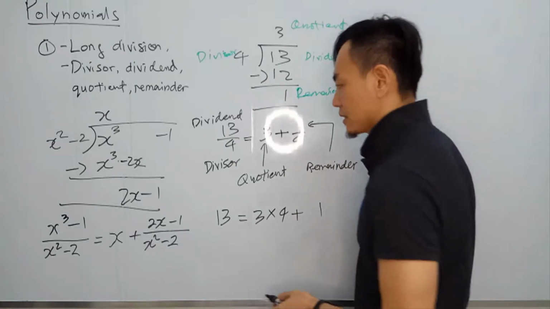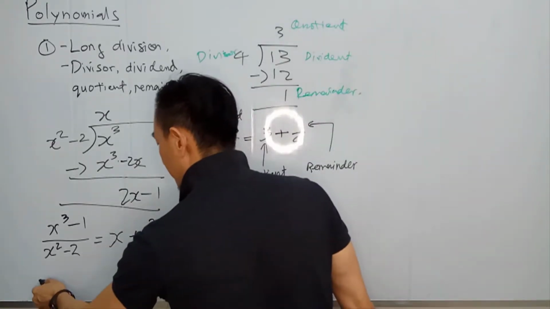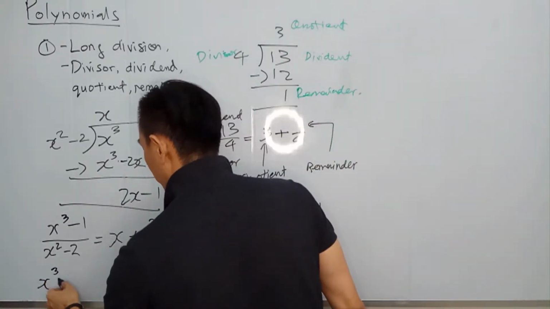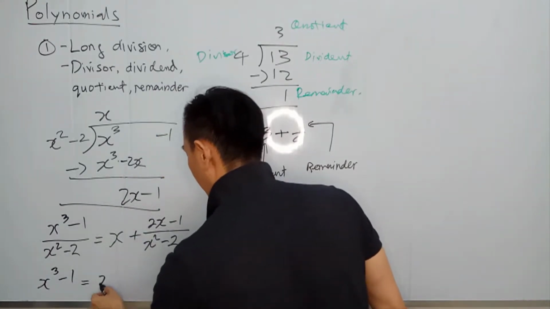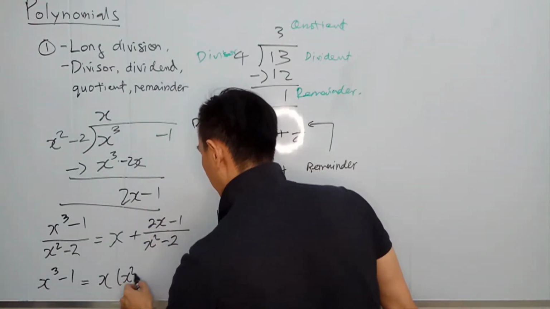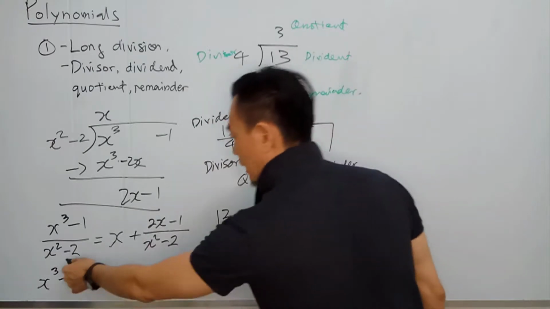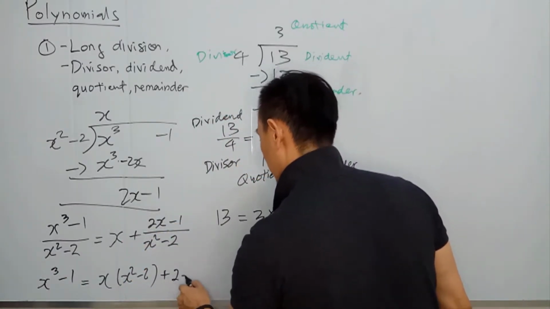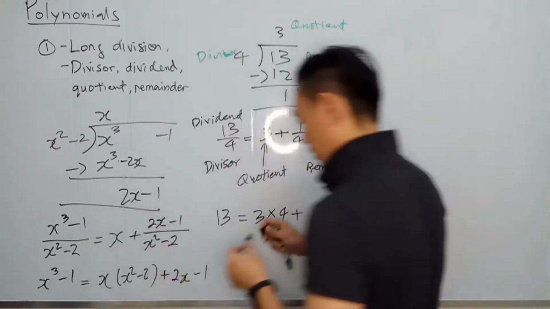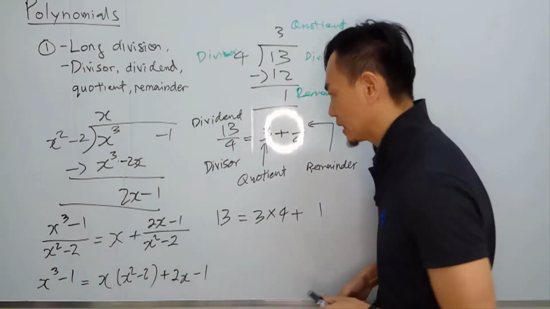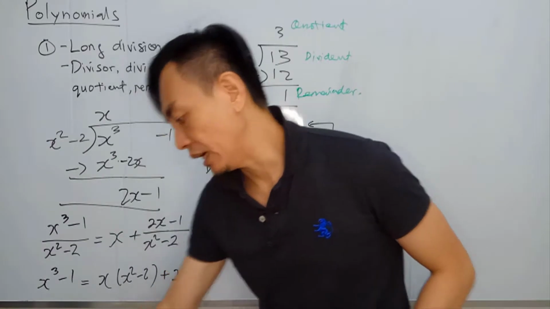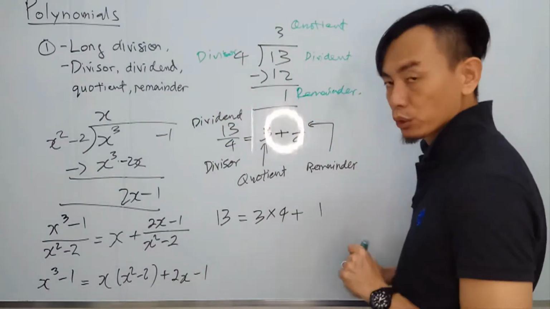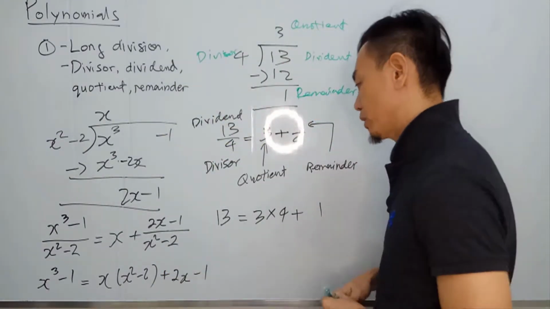And the other way is we can cross multiply this, and we have x cubed minus 1 is equal to x times x squared minus 2. Now if you notice, I cross multiply this way, this one gets cancelled off, and I'll have plus 2x minus 1. So that brings us to this equation here that is used only in the more advanced questions.